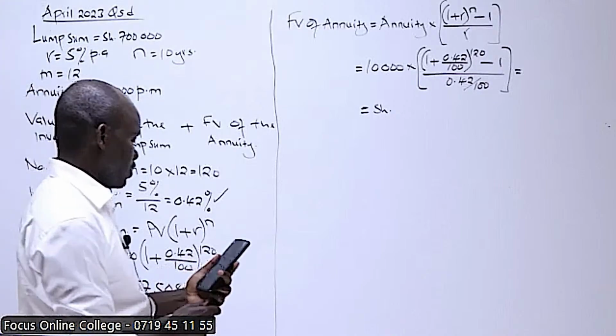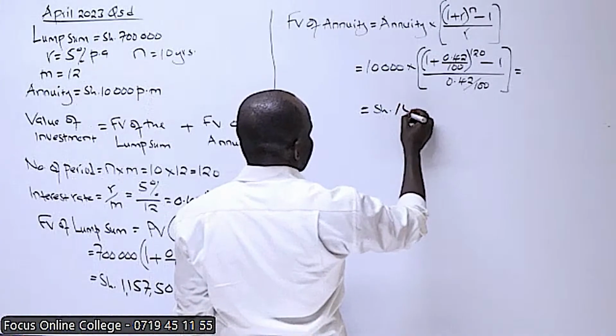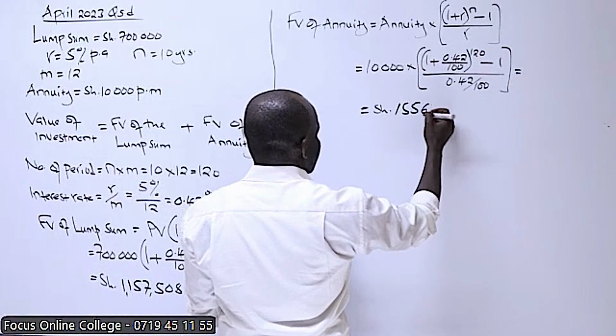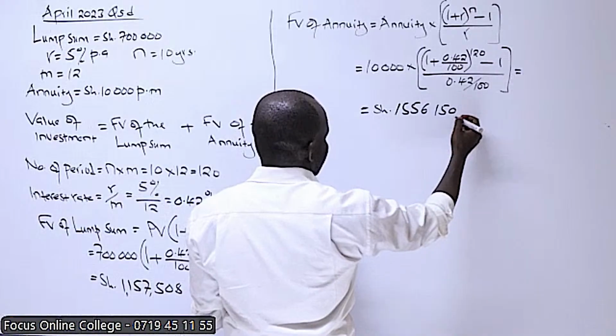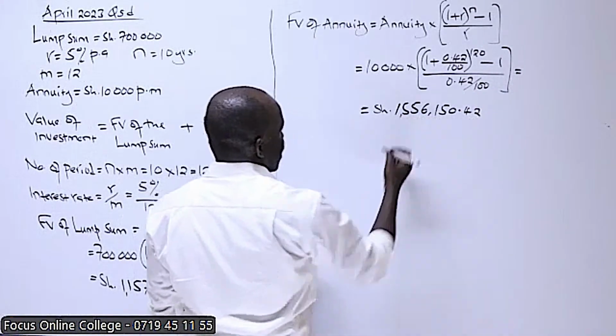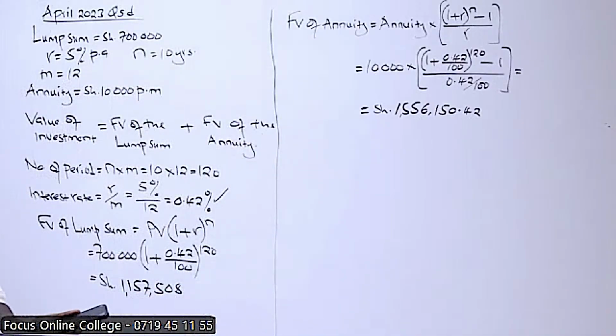I'm getting 1,556,150.42. I believe you're getting the same. 1,556,150.42 is the future value of the annuity.